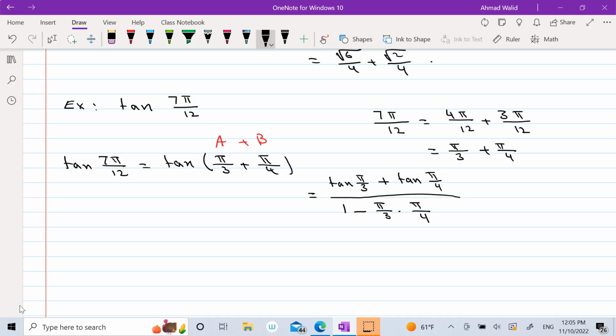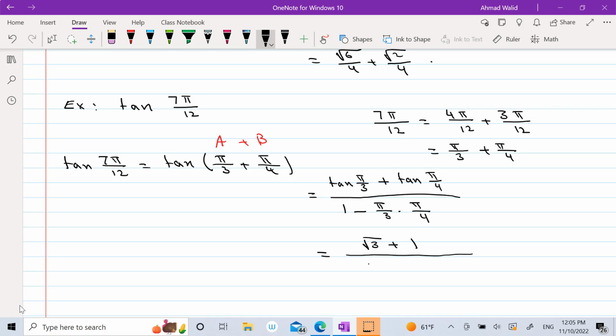Correct? Replace the values from the unit circle. Tangent of pi over 3 is radical 3. Plus tangent of pi over 4 is 1, because it's sine over cosine, it gives you 1.